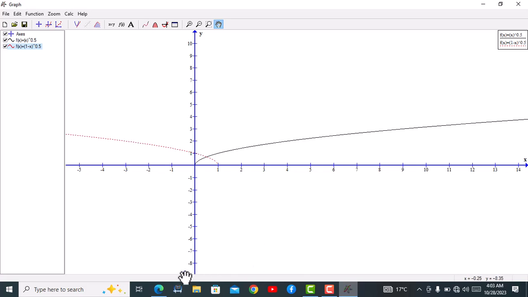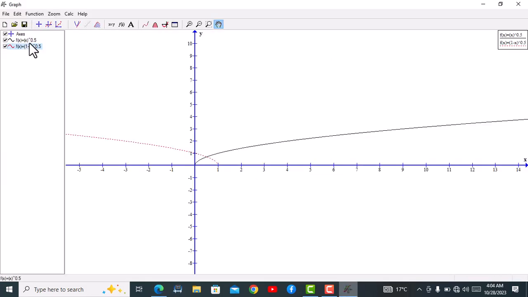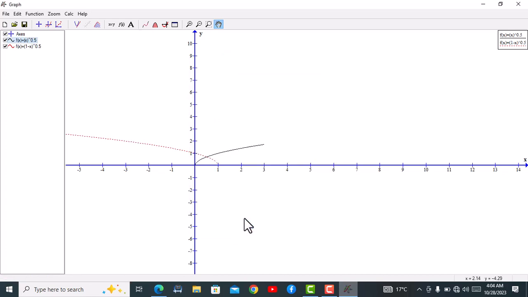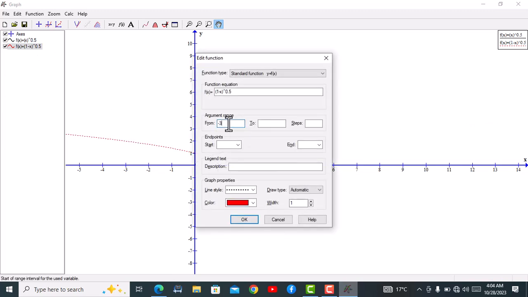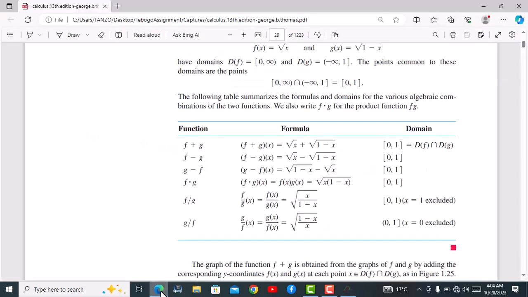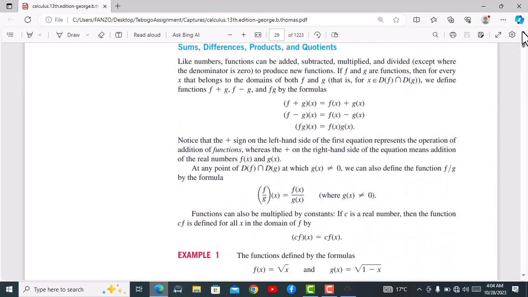So to me it looks like, let me just try to draw this using an interval. Let me just say from -3 to 3, and let me also go to this one and just use -3 to 3, and we have that. So let us go back to our reading here.